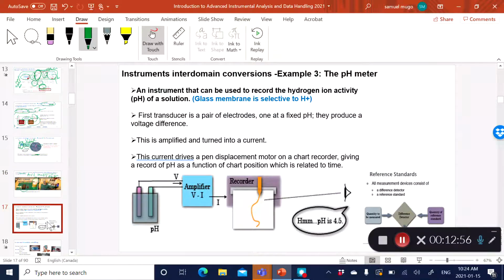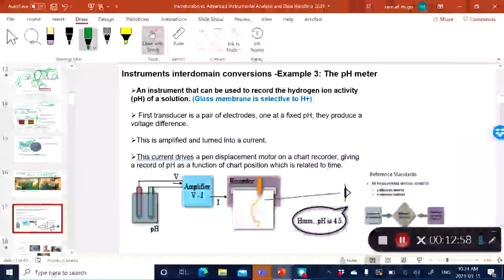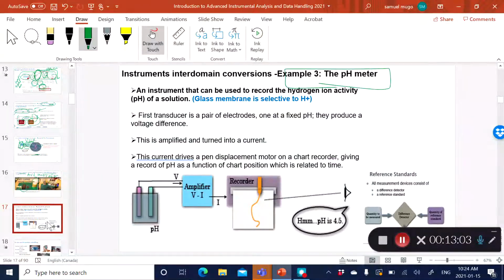Maybe another example to show you inter-domain conversions within instruments. Let's take an example of a simple instrument such as a pH meter. Now, a pH meter is typically used, of course, to detect hydronium ions. And I think there's one student who's going to be developing a pH sensor different from a glass membrane. We all know glass membranes, which are siloxane kind of crystals, are very good at selectively capturing hydronium ions.